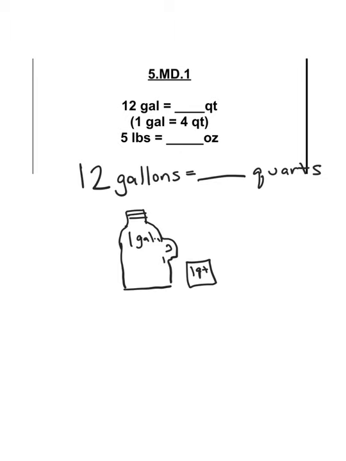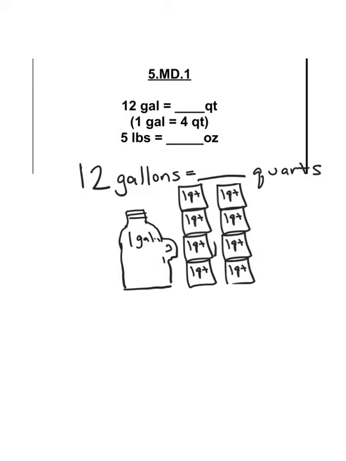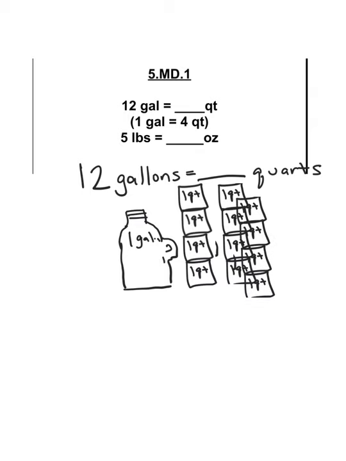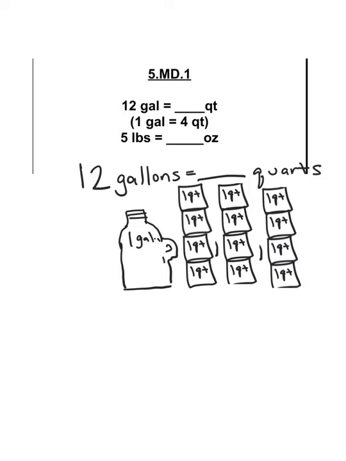So if I were to duplicate, let me make 4 of these. Okay, so here's my 4 quarts for 1 gallon, which means I would have 8 quarts for 2 gallons, which means I would have 12 quarts for 3 gallons, and I don't have time to do all this repeated addition.